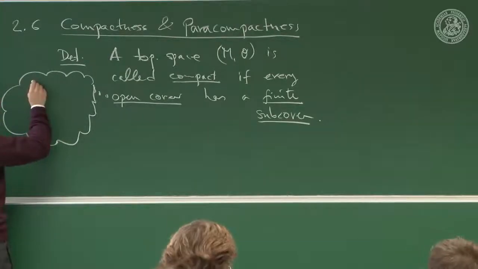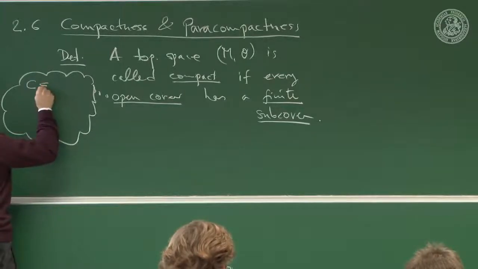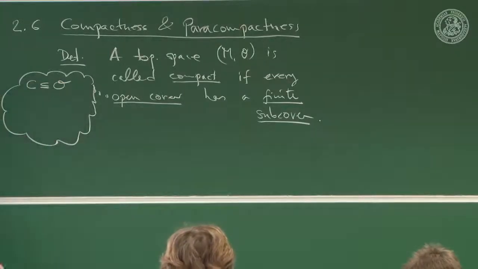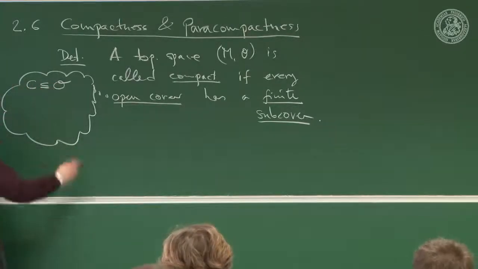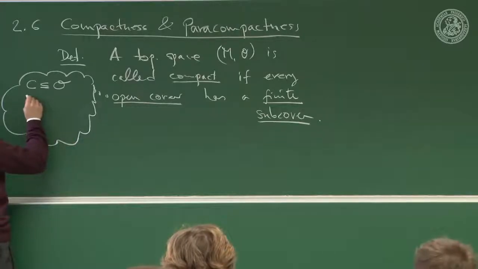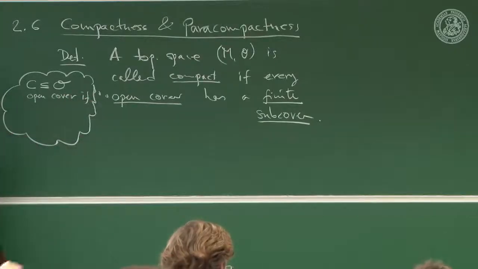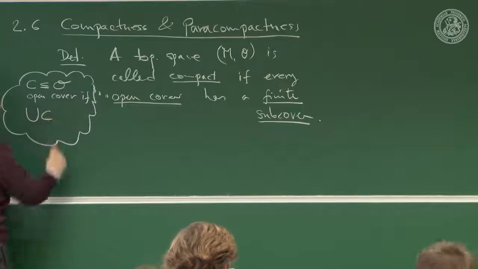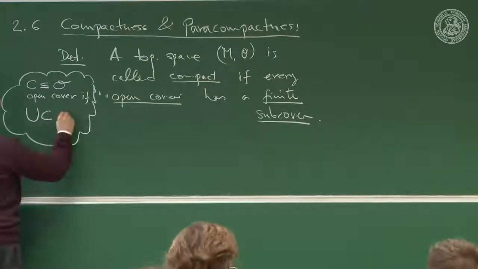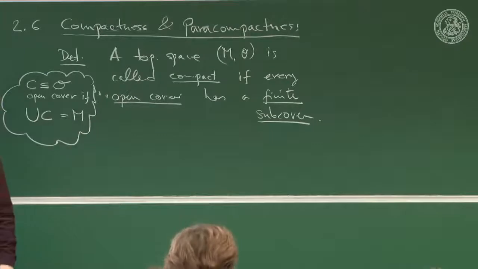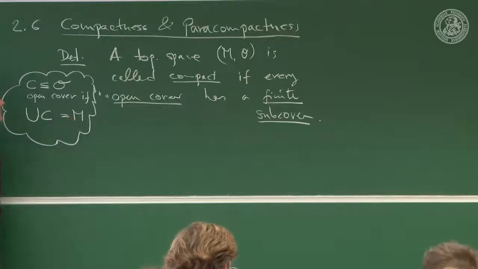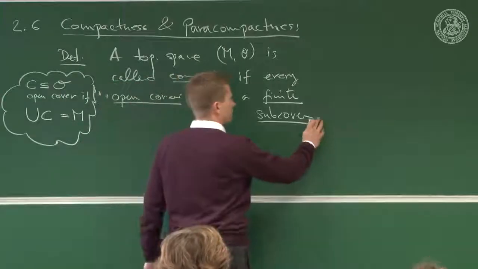An open cover: if C is a subset of the topology of the space, so it's a collection of open sets, then C, a subset of O, is called an open cover if, very simply, the union of all the sets in C already recovers the entire topological space. It's the very intuitive notion of covering the topological space. That's an open cover. What is a finite subcover?